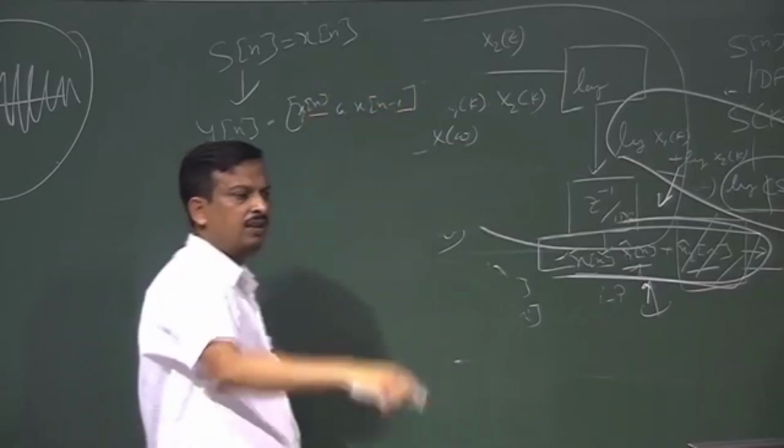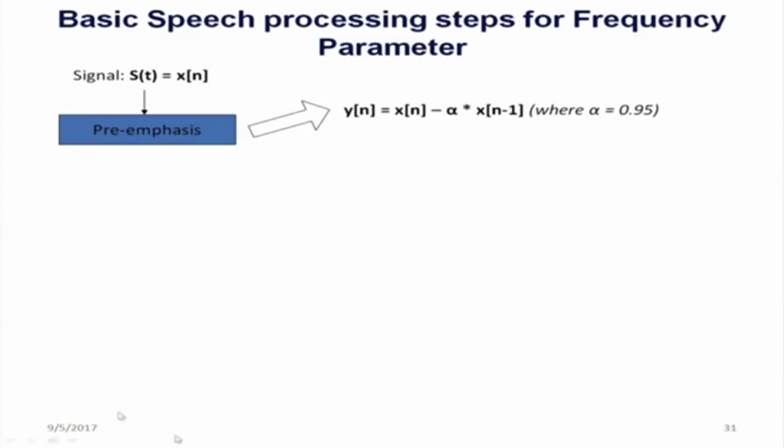The alpha value may be 0.95 to 0.97, those are the variations.